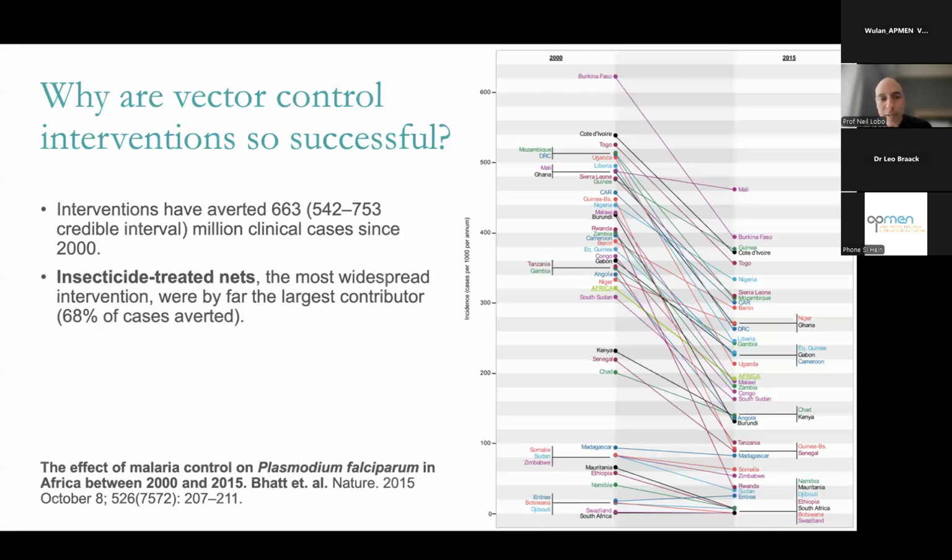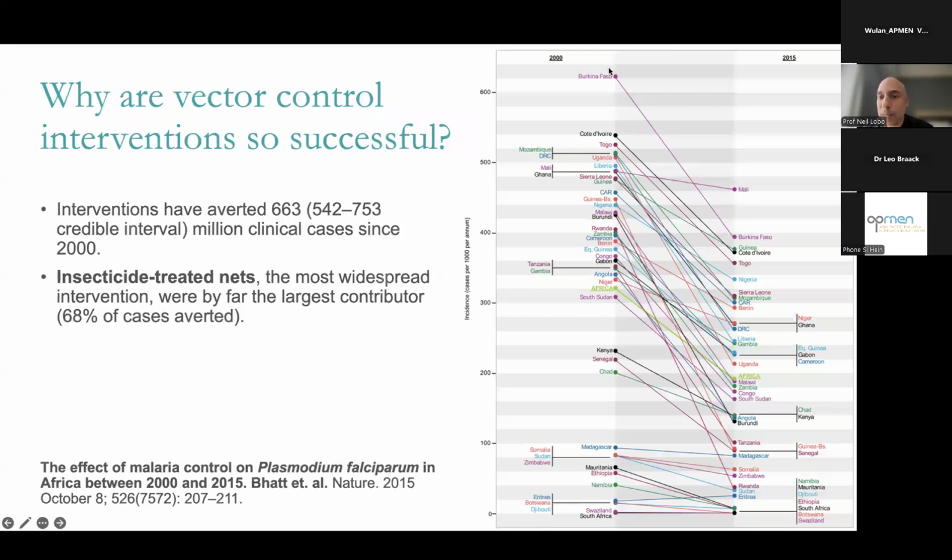So with malaria, you can see that vector control has been associated with a huge decrease in malaria worldwide. It's estimated that vector interventions have averted about 663 million clinical cases since 2000. And bed nets were the largest contributor to this, about 68%.